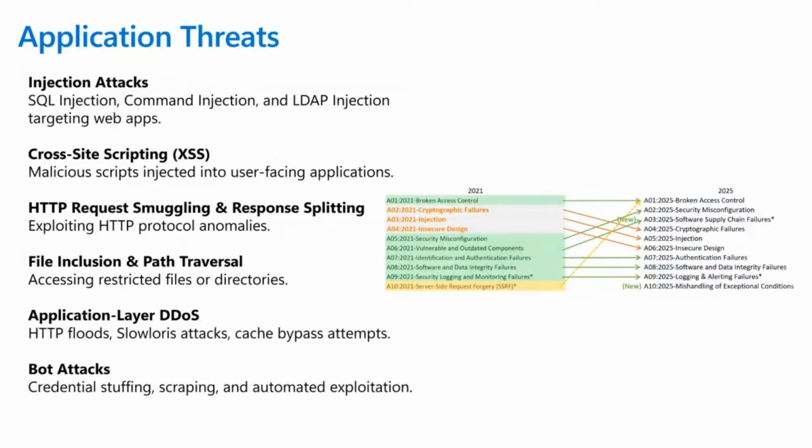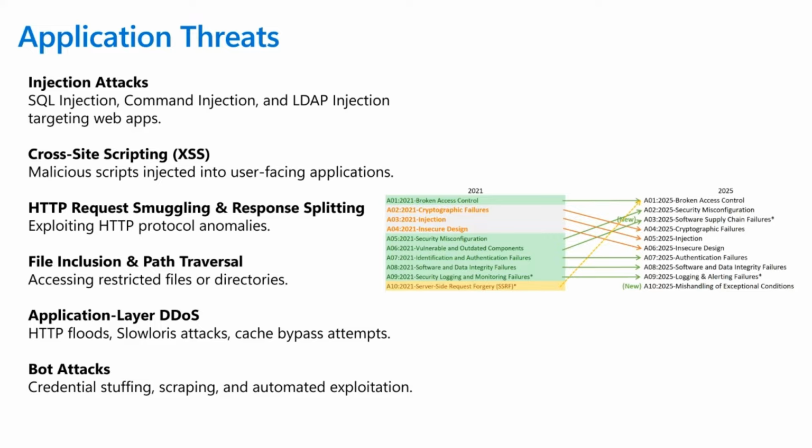Then if we look at the application layer, we see that threats here are evolving rapidly. Attackers are getting creative, using techniques like SQL injection and command injection to compromise databases or manipulate backend systems. Another major risk is cross-site scripting, where attackers inject malicious scripts into web pages, putting users and data at risk.